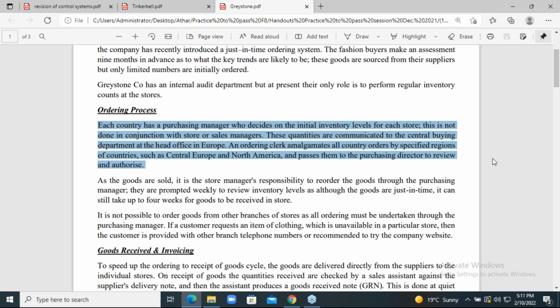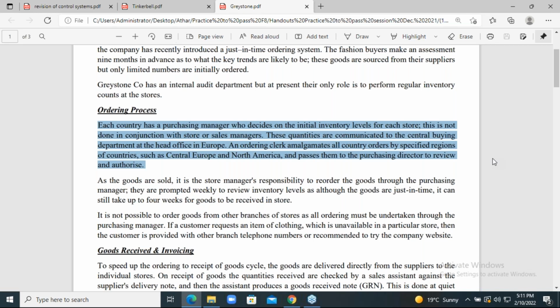Now, this is not done in conjunction with the store or sales managers. These quantities are communicated to the central buying department at the head office in Europe, and an ordering clerk amalgamates all country orders by specified regions of countries such as Central Europe or North America and passes them to the purchasing director to review and authorize.